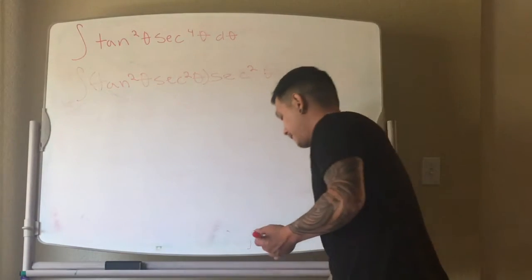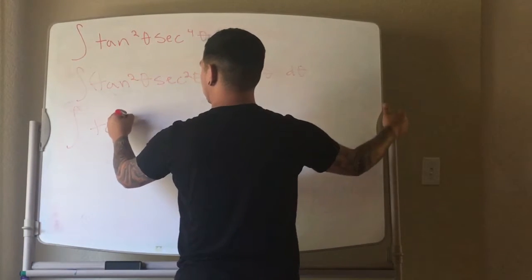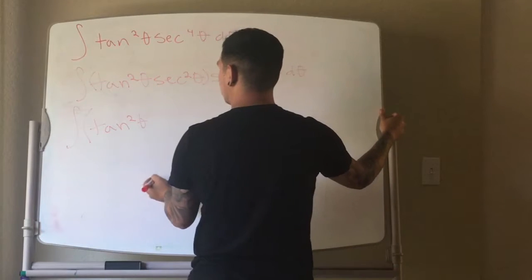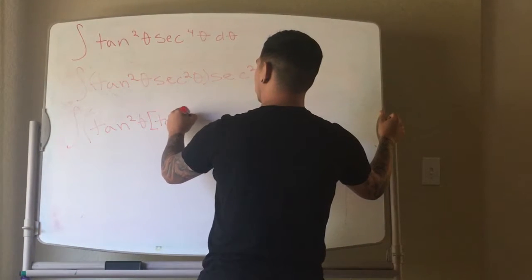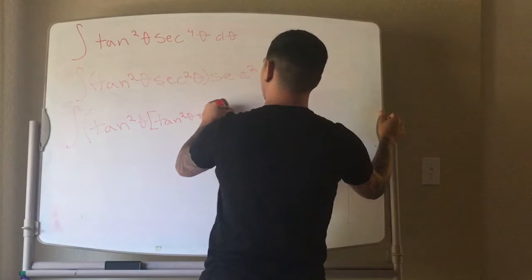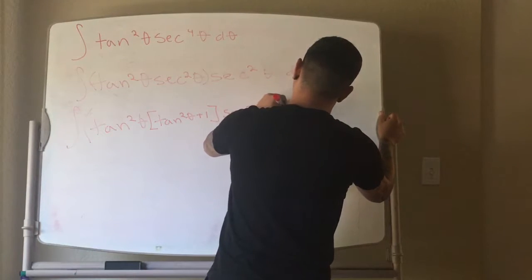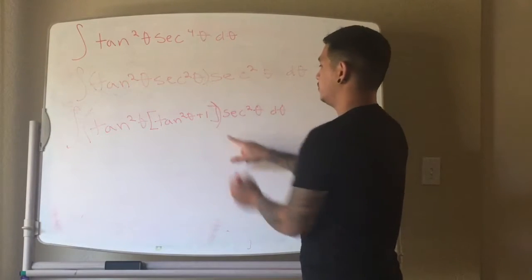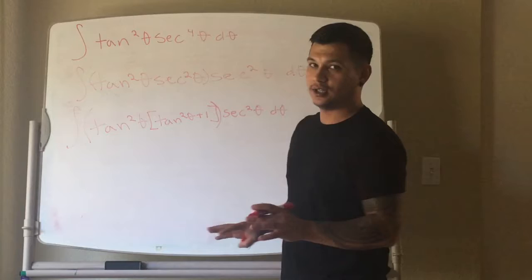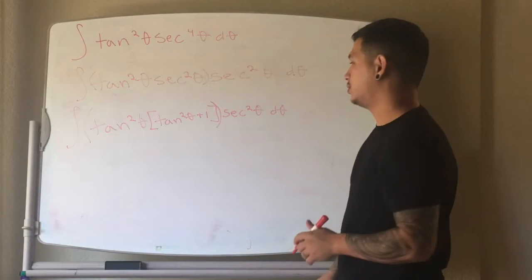So that's right there. So the integral becomes tan squared theta times tan squared theta plus 1, times secant squared theta d theta. Perfect. So we've only rewritten it. We haven't done any math.